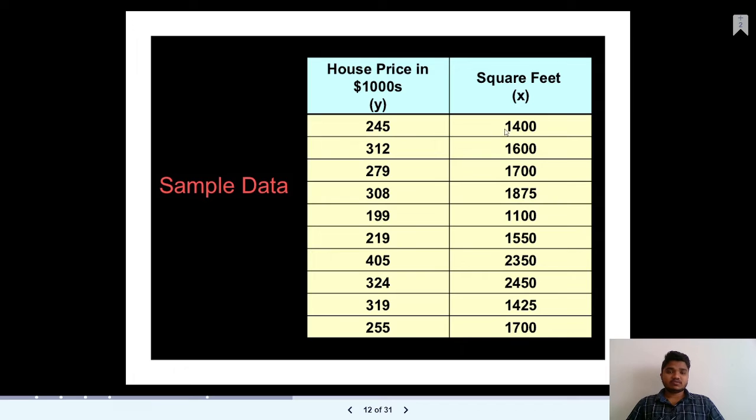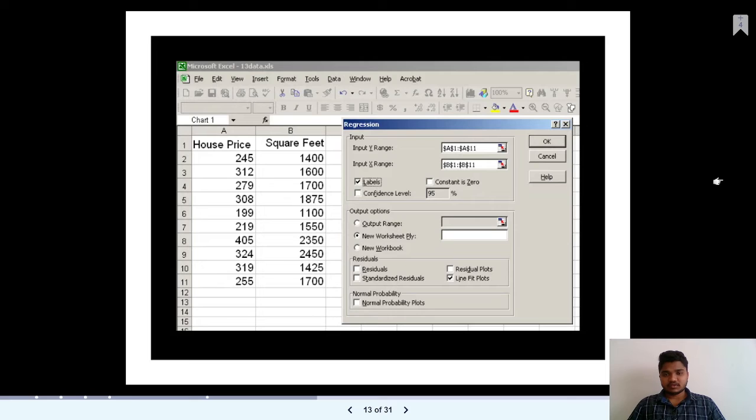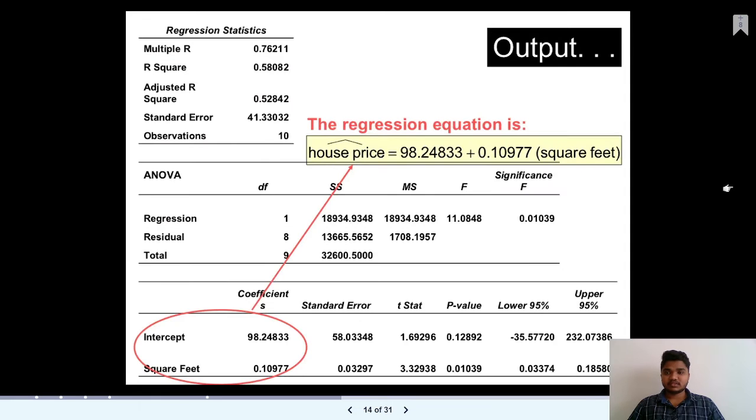For example, for 1400 square feet of land, it costs $245,000. Similarly, for 1600 square feet, it costs $312,000, and so on. If we apply the regression formula, we get an intercept of 98.24833, and the slope is 0.10977. So the house price equals 98.24833 plus 0.10977 times square feet.